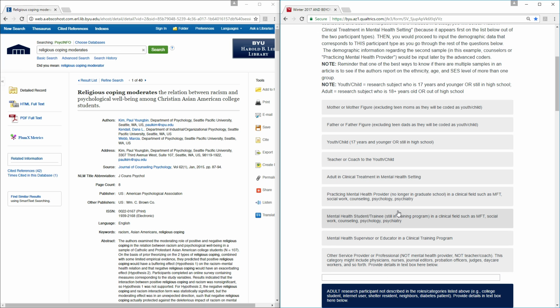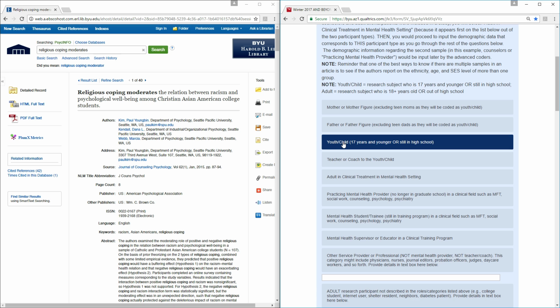So for example, if we had a sample of children and a sample of their teachers, even if, let's say, 200 teachers were interviewed and only 5 children, we would still put youth and child first because it comes first in this list in Qualtrics, not in the actual article.